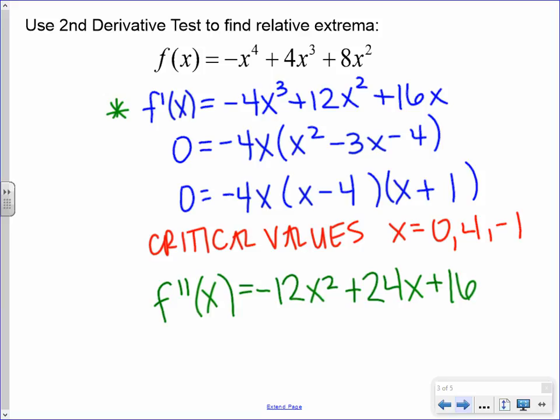From here, all we need to do is determine whether our function is concave up or concave down at these particular critical values.